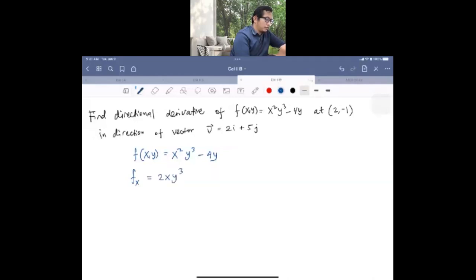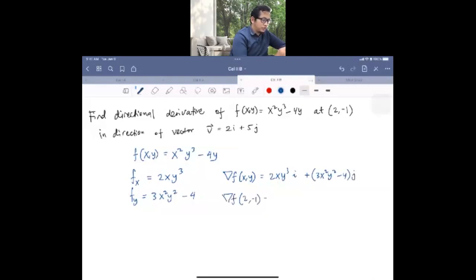This will be 2xy cubed. Partial y will be 3x squared y squared. Okay. So we can write del f is 2xy cubed i plus 3x squared y squared j.